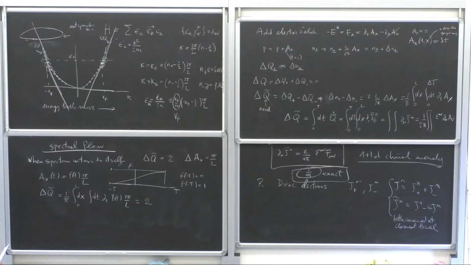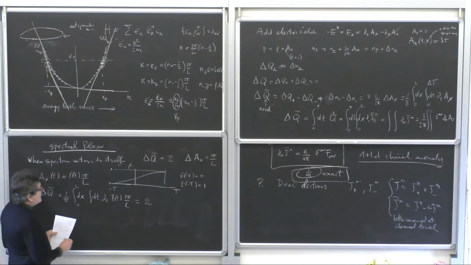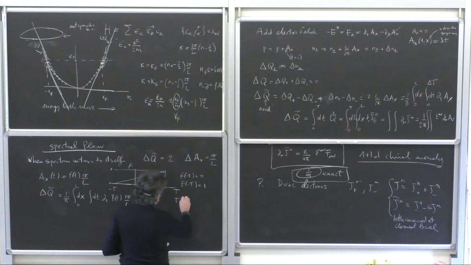So if it is very slow, the electrons will not be excited. So they will follow the states in their little movement in one direction. So it's adiabatic. So T is very big.